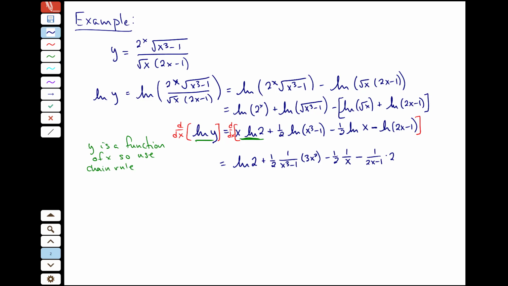And I end up getting 1 over y times, you can either write this as dy dx or just y prime, the derivative of y. So now I'm done taking my derivative, and I'm actually just going to draw a line here, because now I took the derivative.